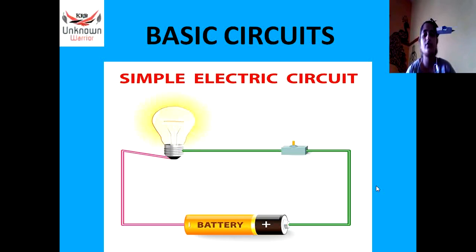So this is the basic circuit to light up a bulb. The basic hardware we require is a bulb, a switch and a battery, and these are all linked by wires. As I mentioned, there are the conventional current and the electron current.